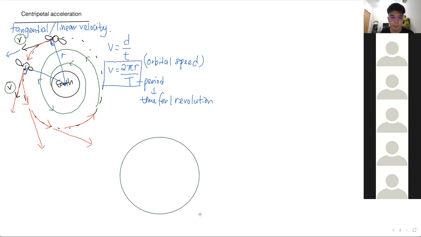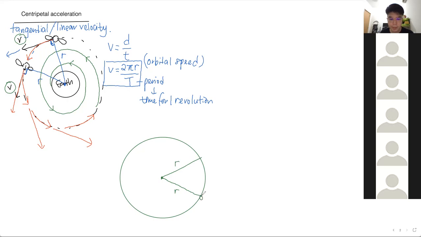When you have a changing velocity, let's say this is the radius. This is the orbit of the satellite, and this is the radius of the orbit. The satellite is here, the velocity is here, v1. After some period of time, it is here and the velocity is here, v2.